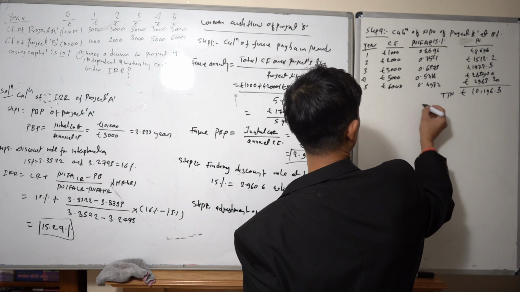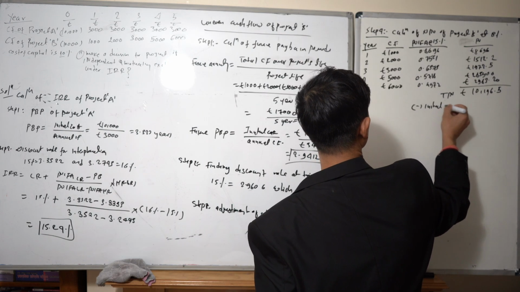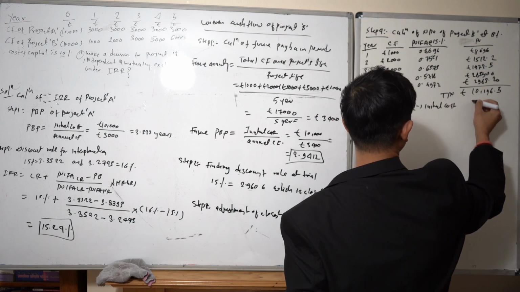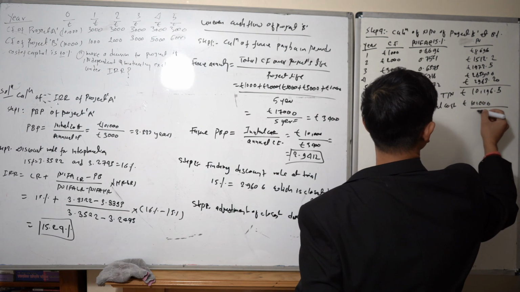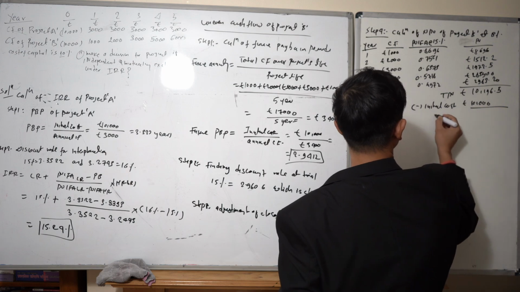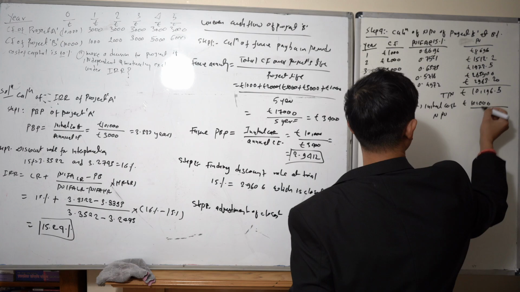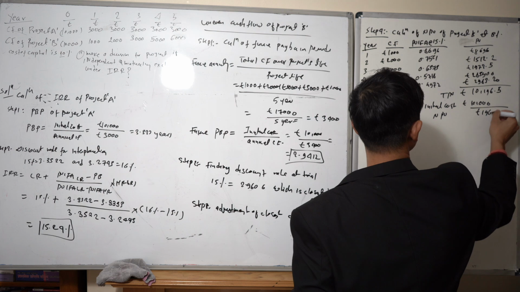And how do we find out the net present value? Initial cost, that means 10,000. We get net present value as 10,196.5 minus 10,000, so we get only 196.5.